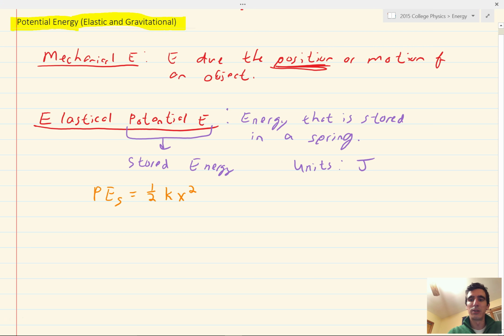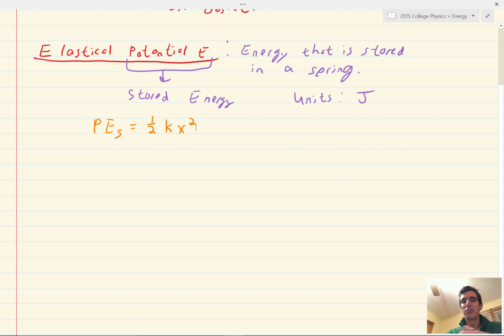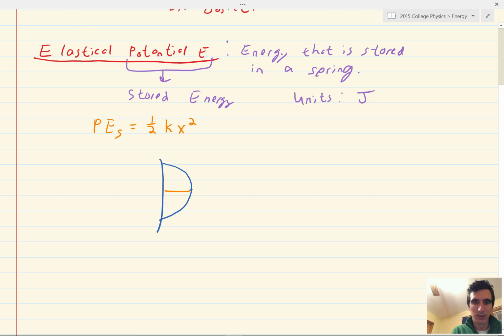So let's just look at a quick example. Imagine that you have a bow and arrow. Let's see if my drawing works for this. Okay, that's our bow and arrow, and you are pulling back the elastic string on it.